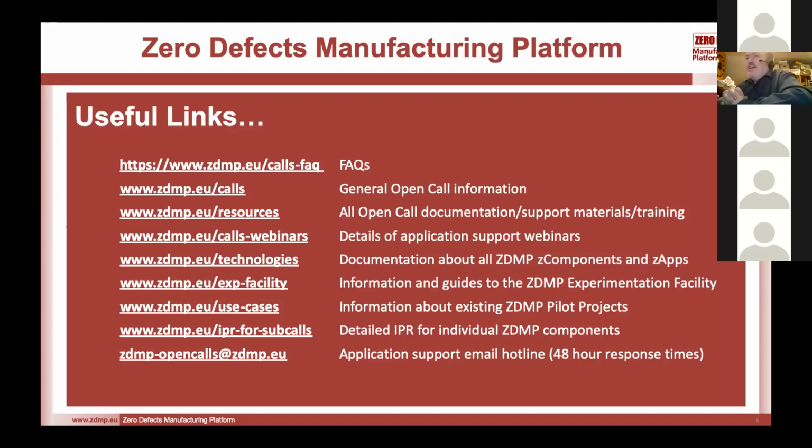So in essence, everything is open to you. There are some IPR parameters on the web, a full set of IPR statements. An awful lot of the technology is open source anyway, but there are a few parts which aren't, and they have some specific explanations.